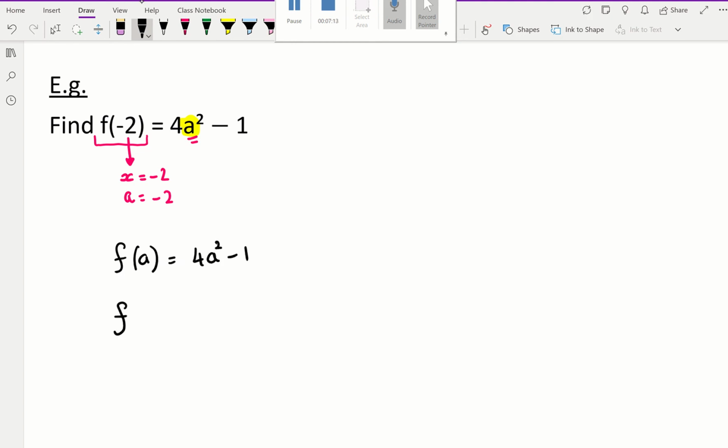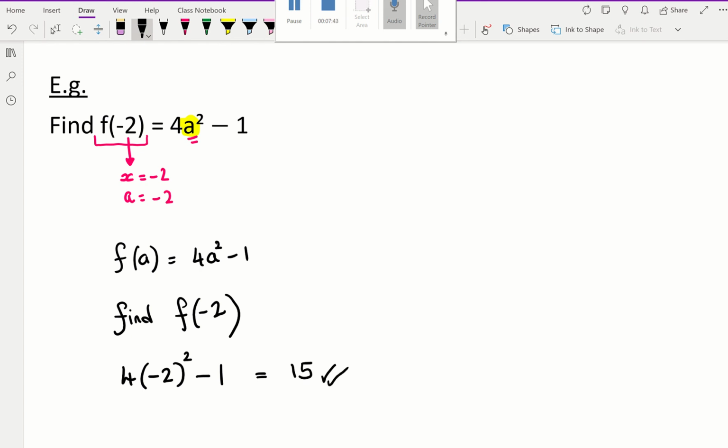And I said, find f of -2. So I'm substituting -2, turn the input into a bracket, the letter into a bracket, and substitute in. -2 squared is 4, times 4 is 16, take away 1 is 15.